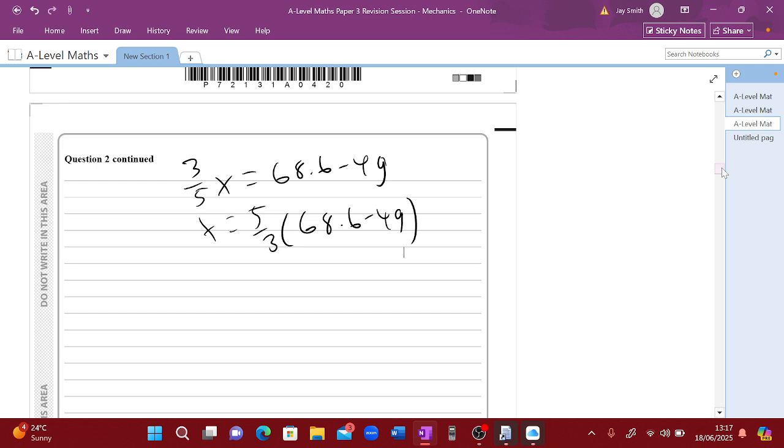Not particularly. Well, you get 343 over 3 minus 4 times 5 over 3, minus 20 over 3g. Okay. Hang on a minute. What have I done here?